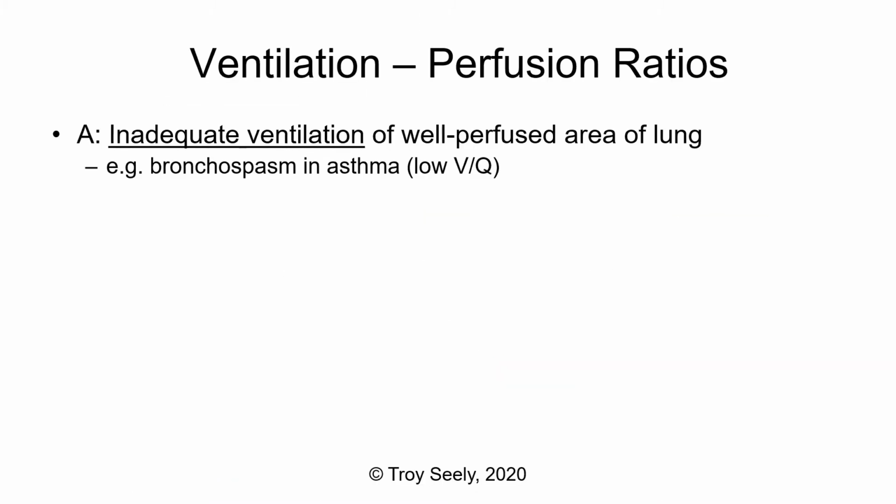So when looking over the scenarios where we have abnormal ventilation perfusion matching, scenario A is an inadequate ventilation of a well-perfused area of lung, which means that the amount of oxygen that is able to come down is compromised, but the blood flow is still pretty good. An example of this would be bronchospasm and asthma.